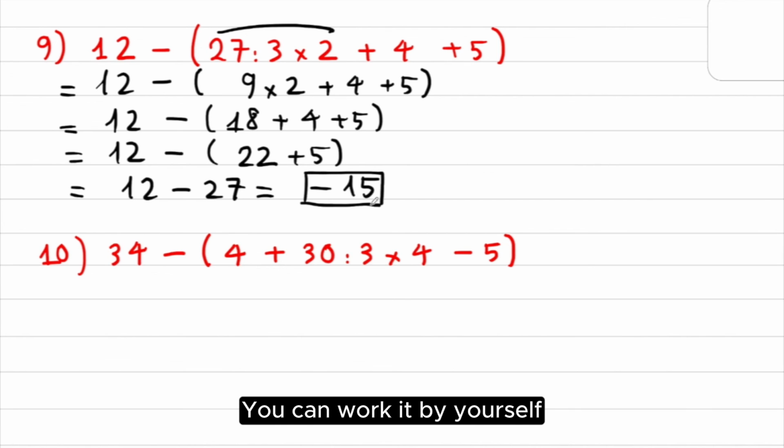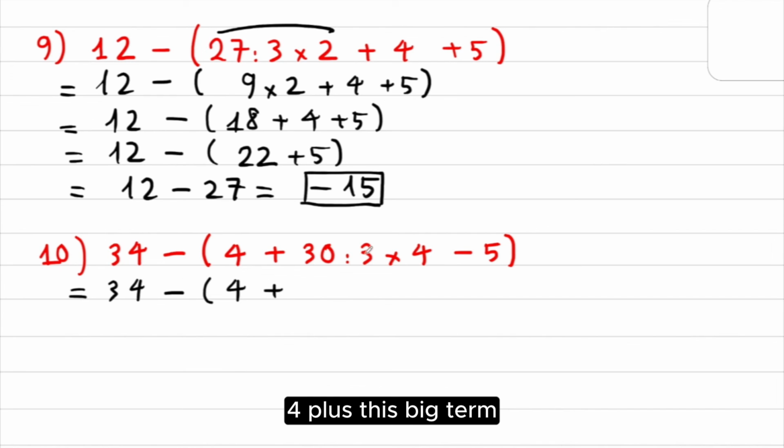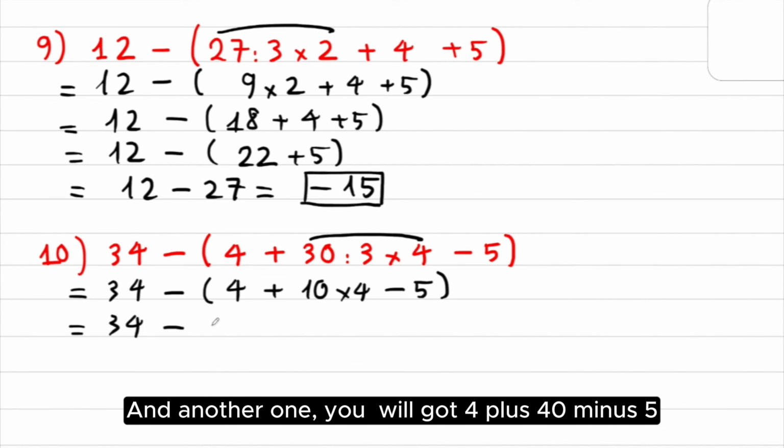Question 10, you can work it out by yourself. Compared to question 9, you will figure out how to solve it. And I will give you my solution here. 4 plus this big term, I will take it first. Here is 10 times 4 minus 5. And then you get 4 plus 40 minus 5.